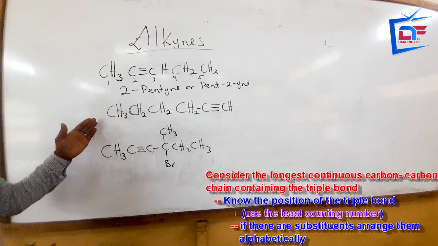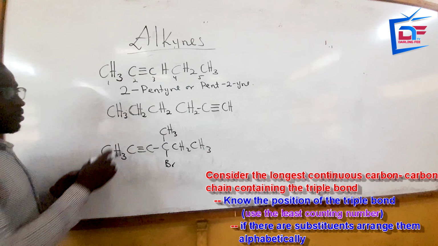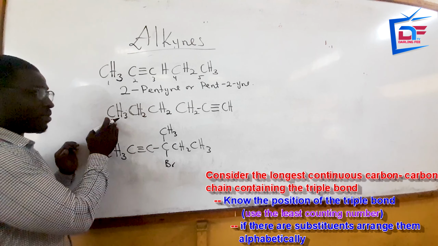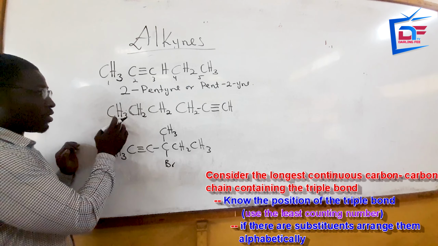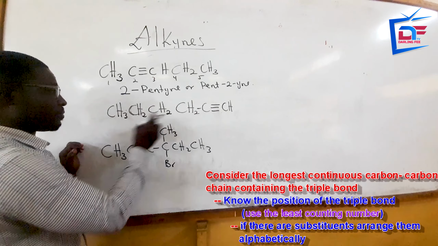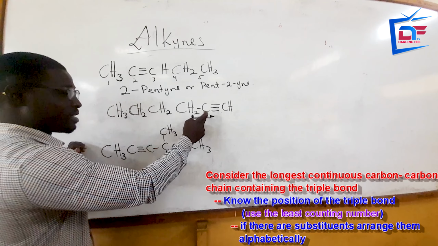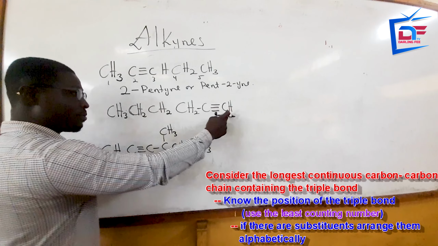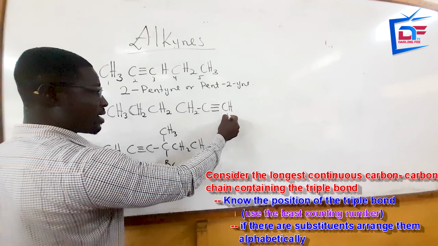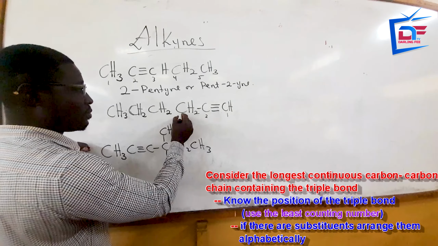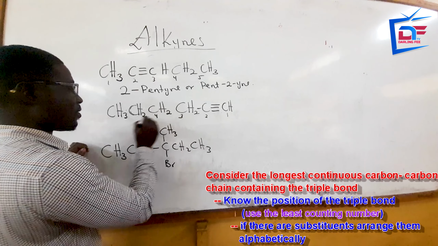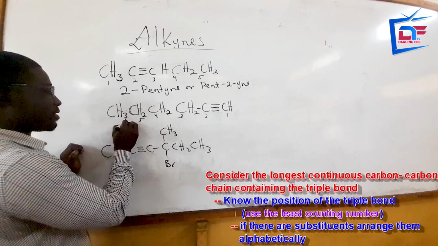Now let us look at the second one too. Starting the counting from here is wrong because of the position of the triple bond here. 1, 2, 3, 4, 5. That is giving us bigger numbers compared to restarting the counting from here. 1, 2, 3, 4, 5, 6.